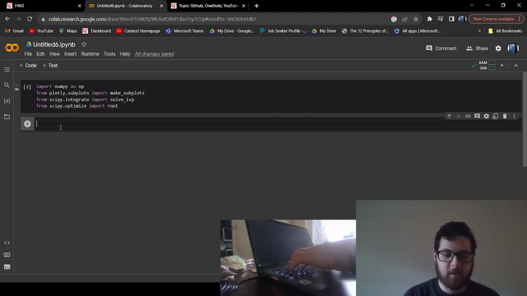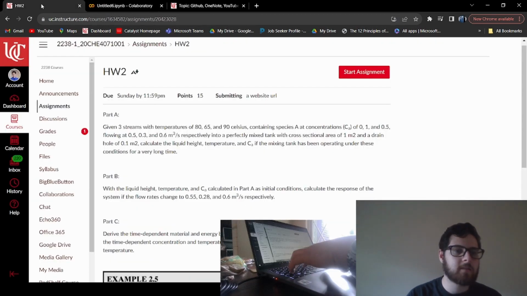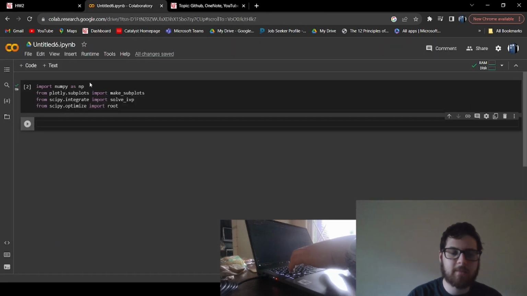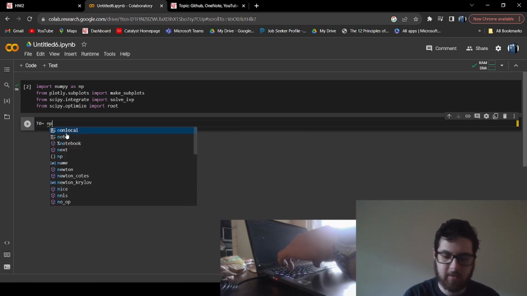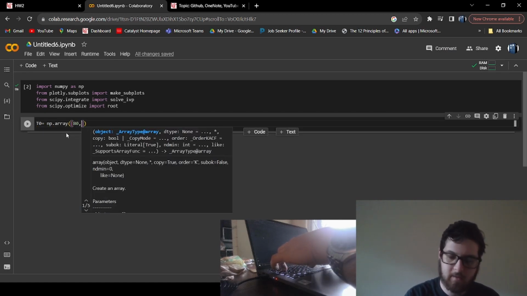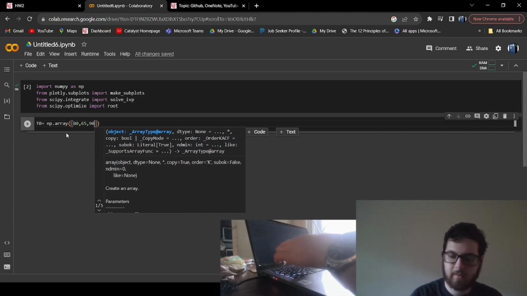Here I'm going to set out these values. So T0 is equal to the array of 80, 65, and 90.